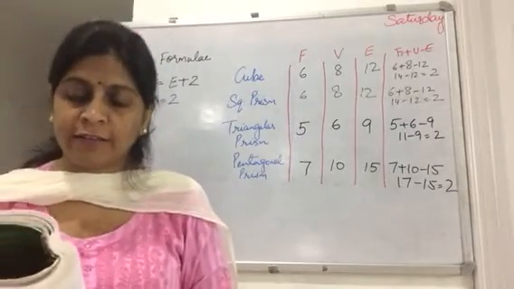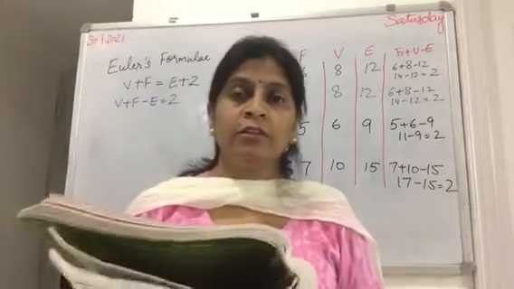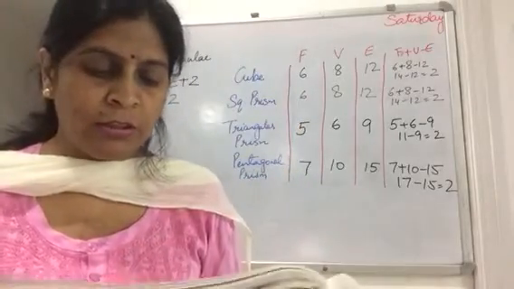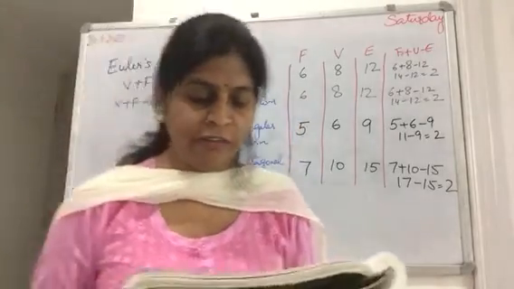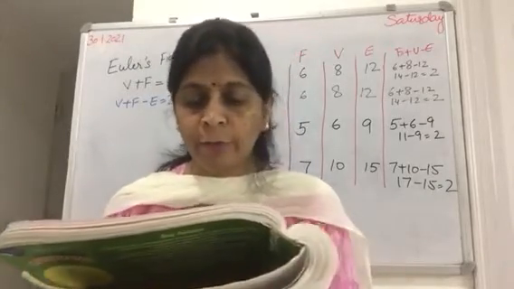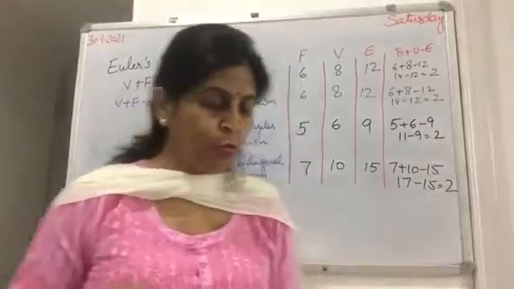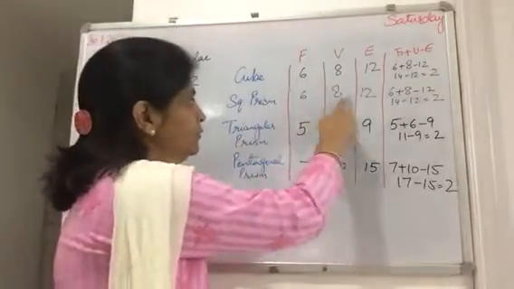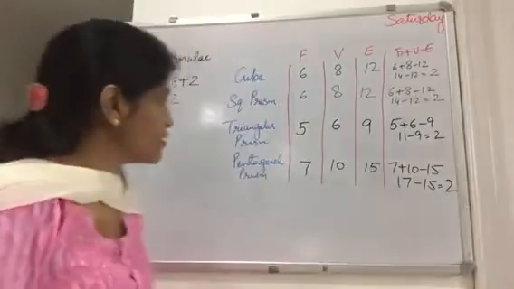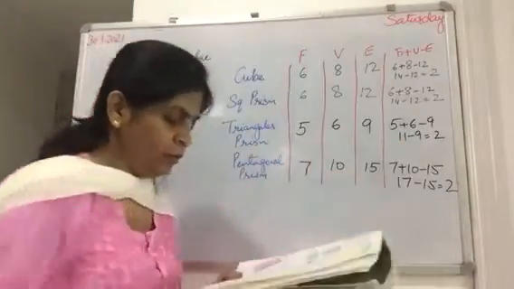Let's start exercise 13C. Cut the first question. Clear? Now let's do the second question. Verify that Euler's formula is true for all of the following polyhedrons. Now cuboid I have already discussed. Square prism is nothing but a cuboid. Triangular prism again I have discussed.